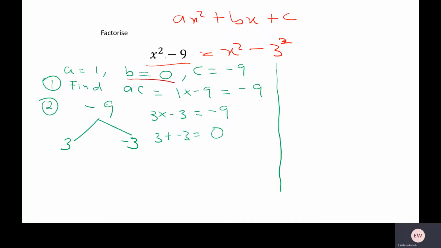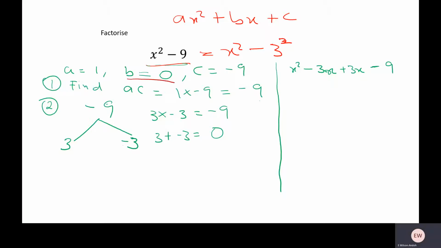So we are going to write this as x squared minus 3x plus 3x minus 9, because minus 3x plus 3x is 0. So we've not changed the expression here. We have just rewritten it using the factors that we found.